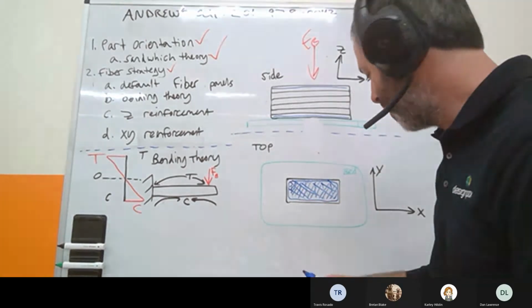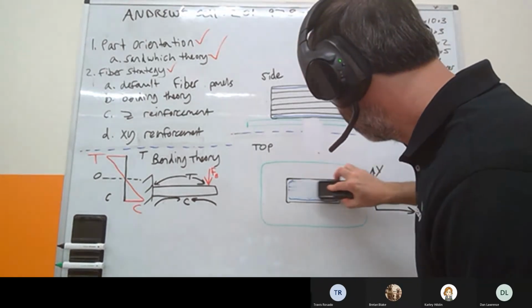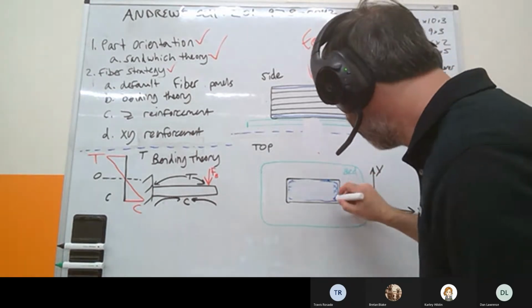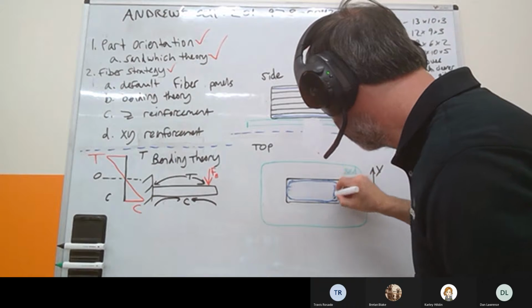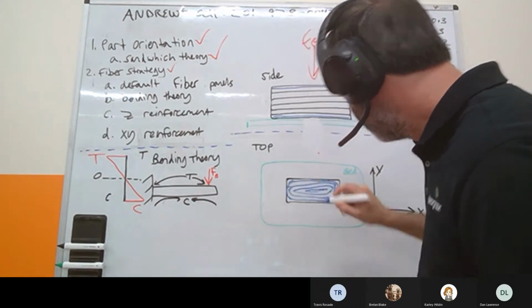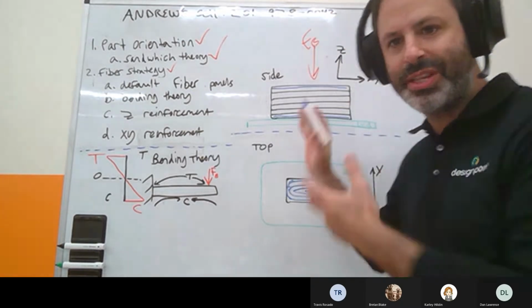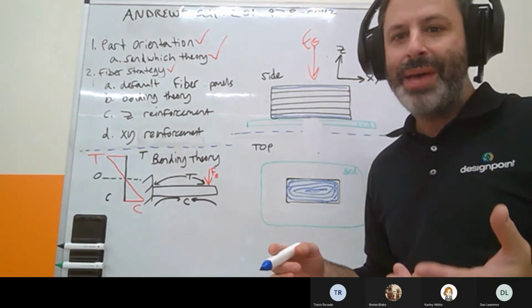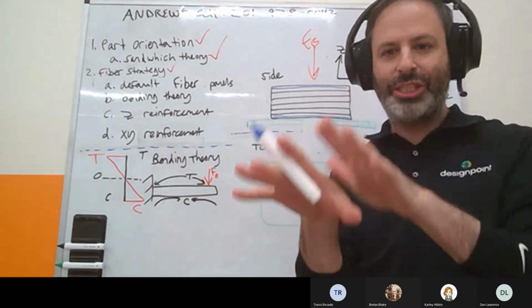You could do it isotropic, but you could also just keep filling in with perimeter layers. So what would be better for this type of reinforcement? And the answer is the first one. It's the panel that's got the cross hatching.